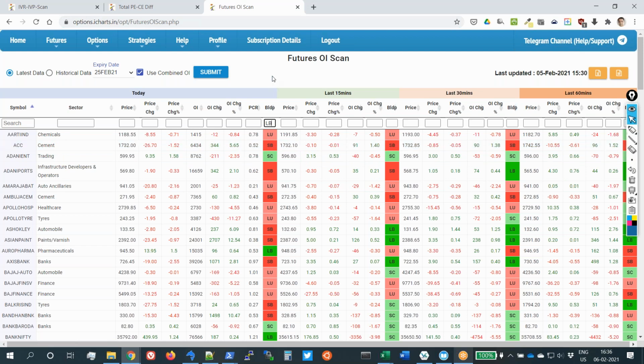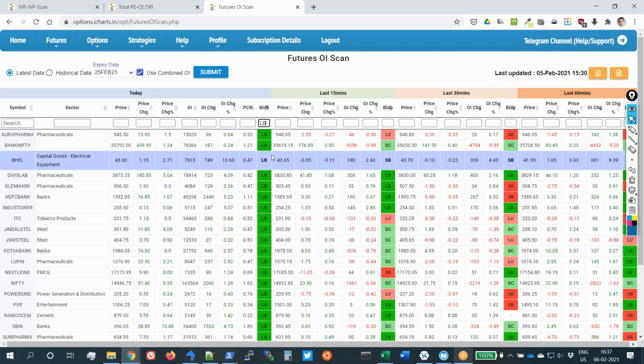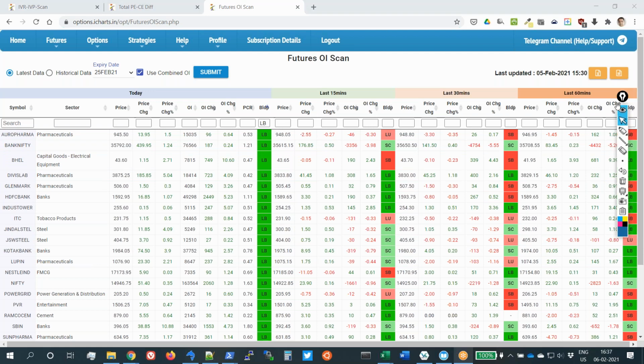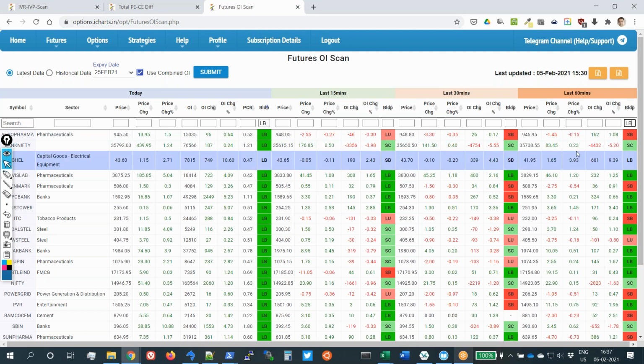Then you go and enter long build up over here in today's section, and then you hit enter. So it filters out scripts that are not long build up over here. And then in the 60-minute section, you go enter long build up and do this.